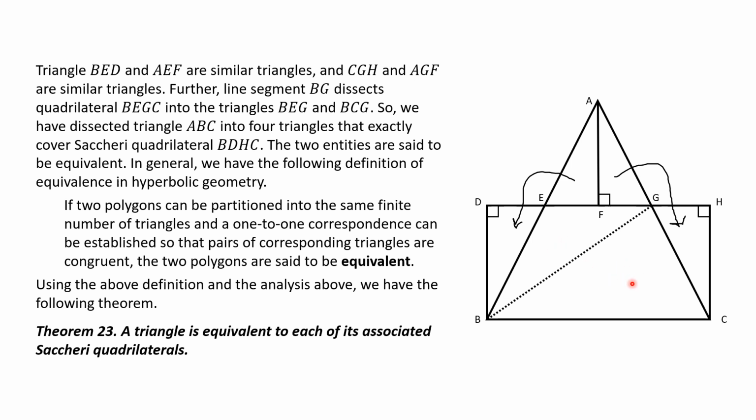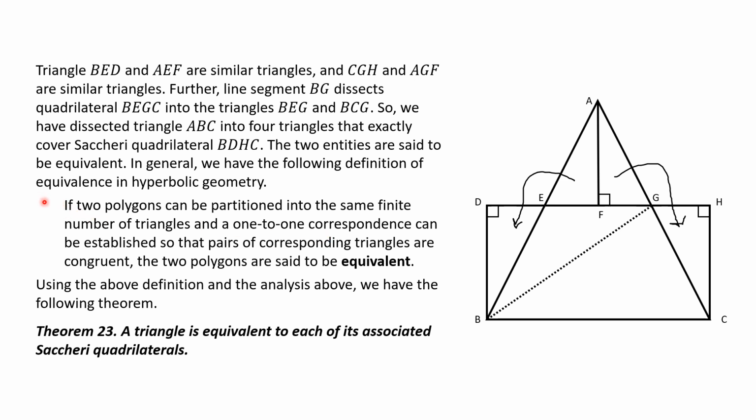Then this again is an overlap, and then this triangle to that. So the two figures, the triangle ABC and the quadrilateral BDHC, have a congruent set of triangles that compose them, and in that case they're said to be equivalent.